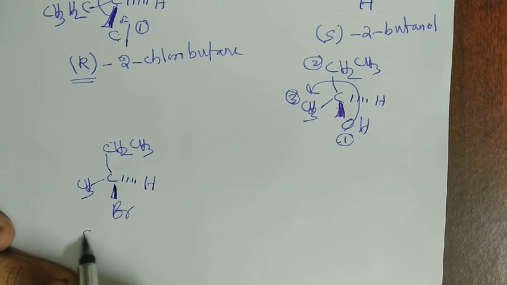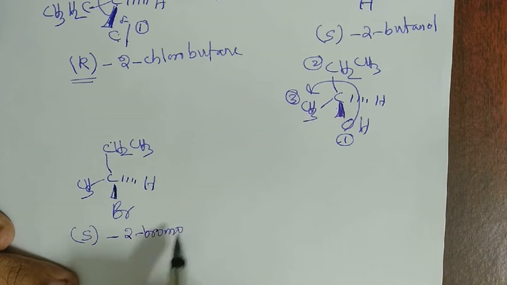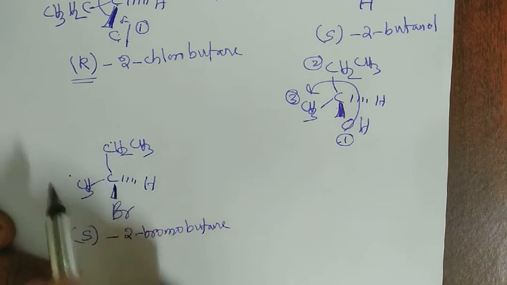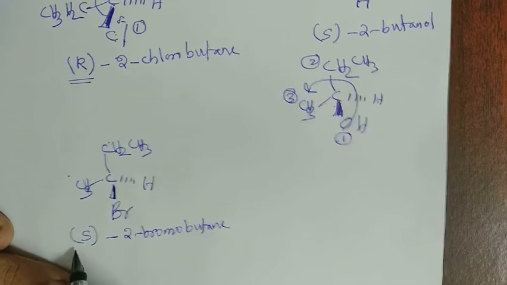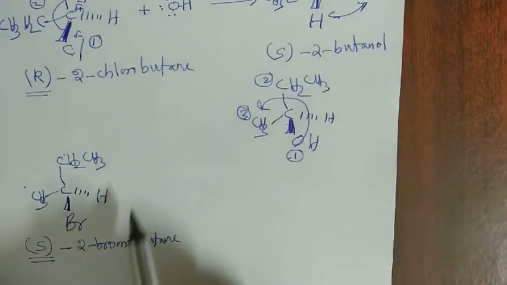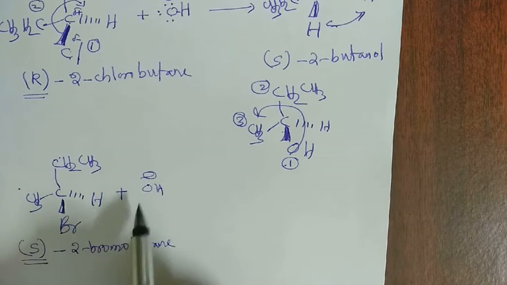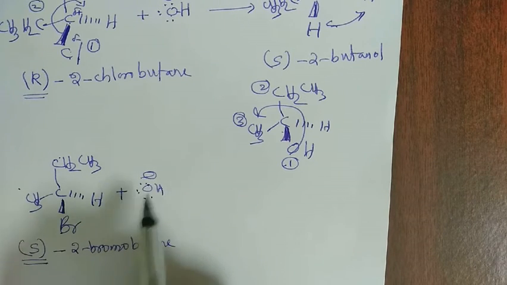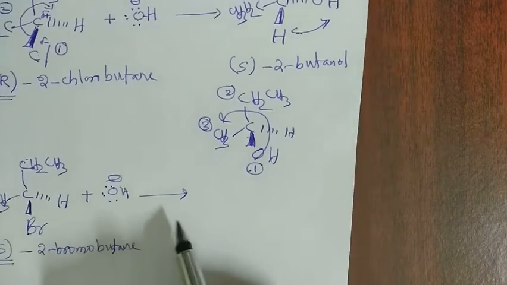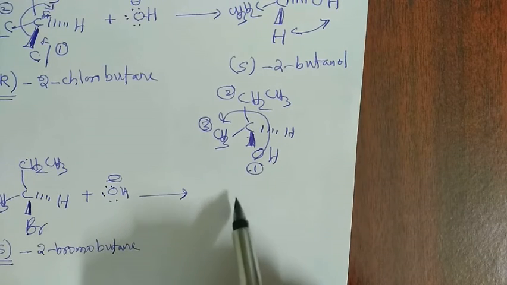It is the S isomer of 2-bromobutane. 1, 2, 3 in anti-clockwise direction. So it is the S isomer of 2-bromobutane. On treating with aqueous solution of sodium hydroxide, it gives the R isomer of 2-butanol.